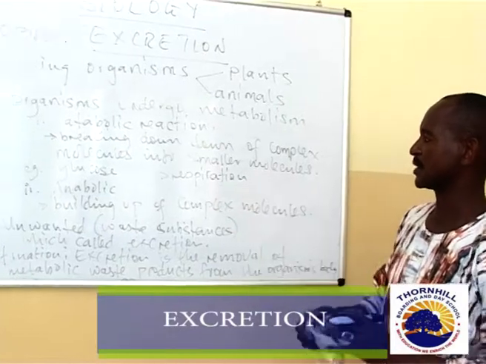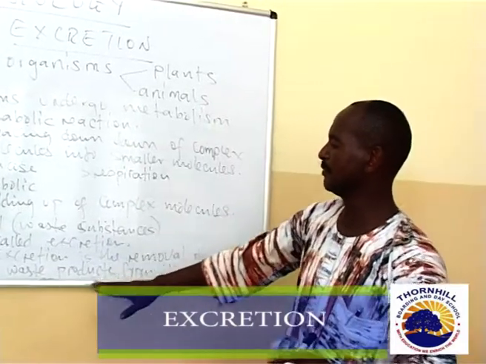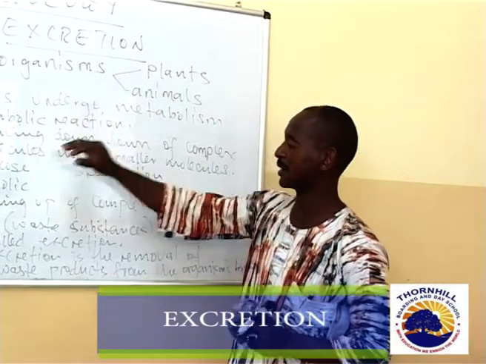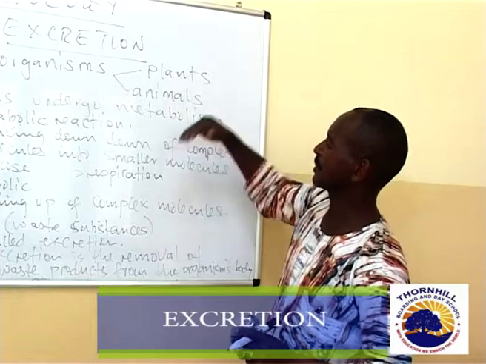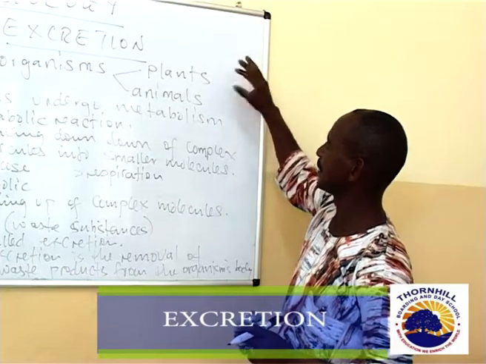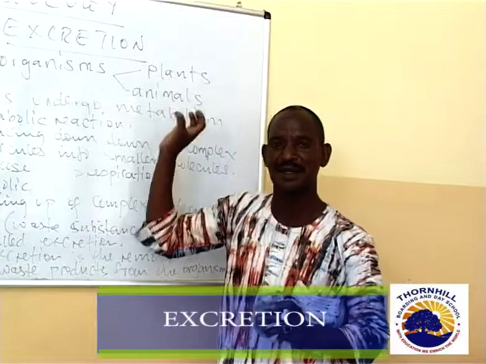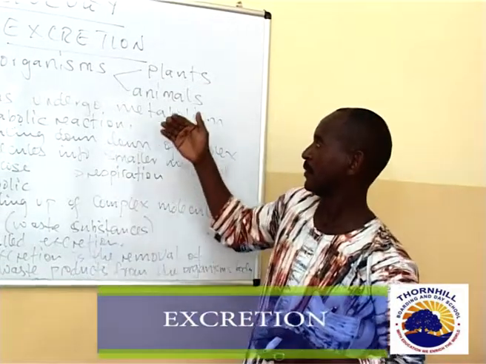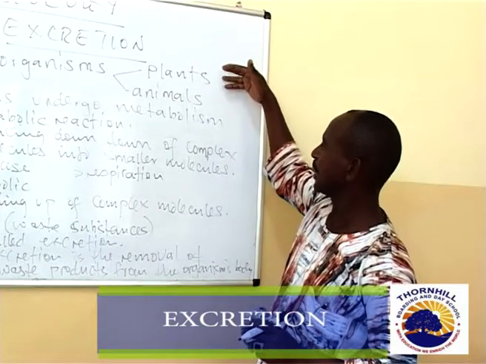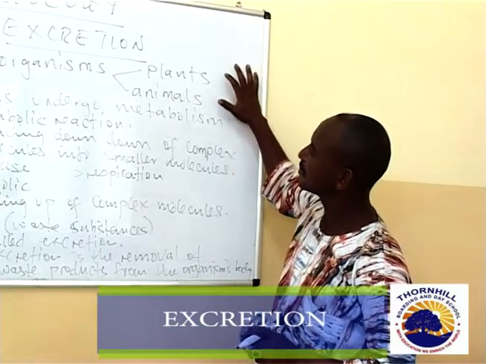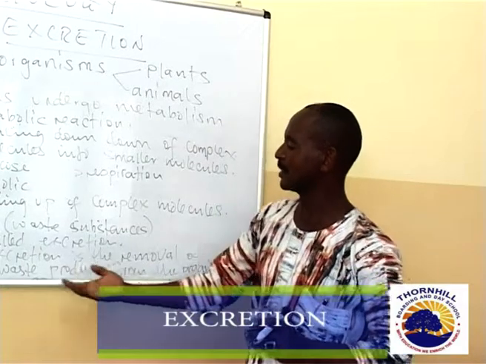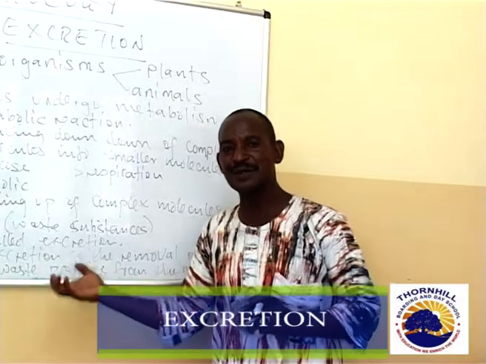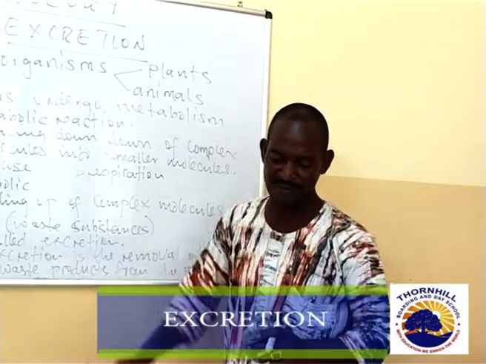If we're going to remove the waste products of metabolism, either anabolic or catabolic, we are going to have excretion in plants and excretion in animals, since plants and animals are examples of living organisms. Plants and animals have systems that are able to excrete or remove the metabolic wastes which may become toxic or poisonous to the body.